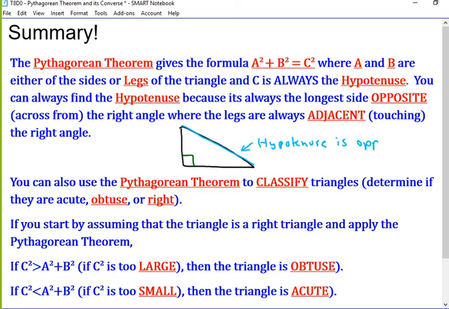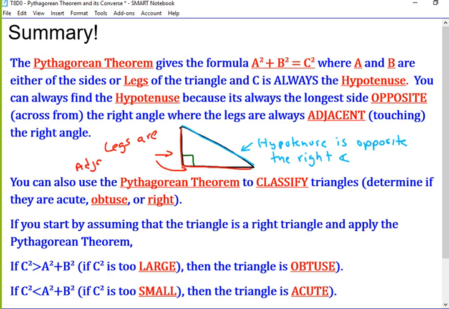The legs, the two other sides that are not the hypotenuse, are always adjacent, or touching, the right angle. Okay, so these are legs. And then what we call adjacent. Okay, they're adjacent to the right angle.